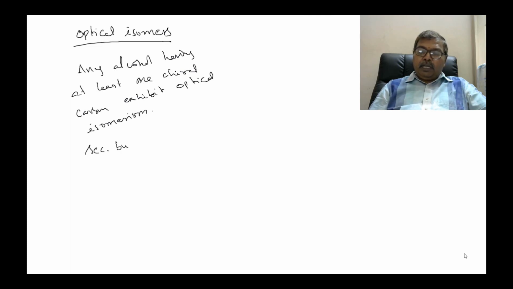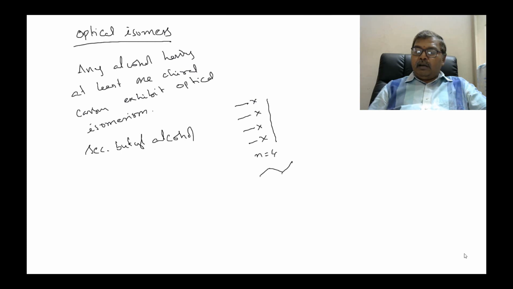Secondary butyl alcohol is the smallest alcohol which can exhibit optical isomerism, because methanol does not exhibit, ethanol does not exhibit, n-propyl alcohol does not exhibit, isopropyl alcohol does not exhibit. So n equal to 4, secondary butyl alcohol.